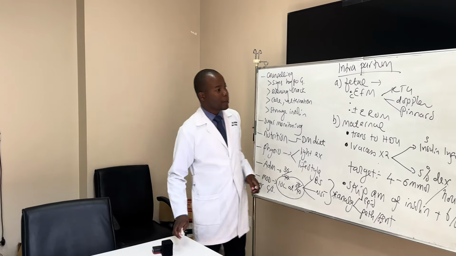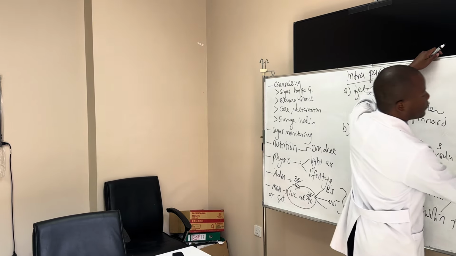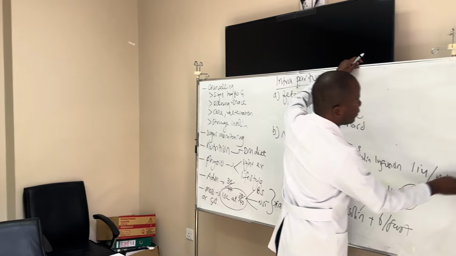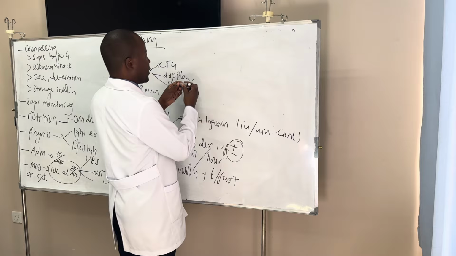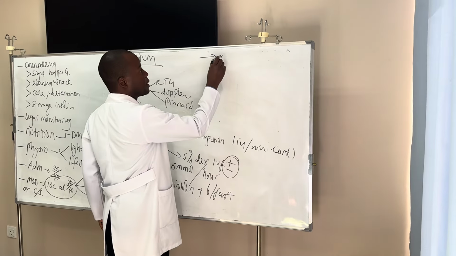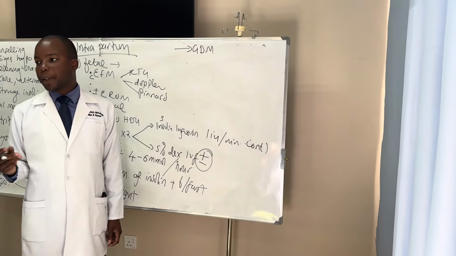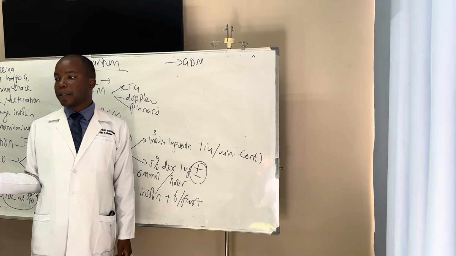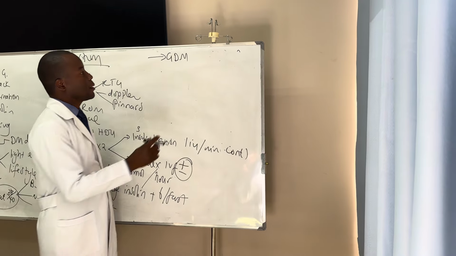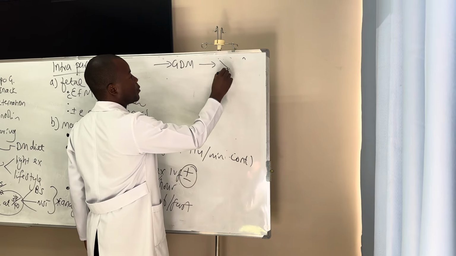Now, when you stop the insulin, what do you do? Number one, you revert back. If it was a case of GDM, meaning this person was okay, maybe the sugar started at 28 weeks, at 30 weeks, what do you do? If it's GDM, you go to nothing.